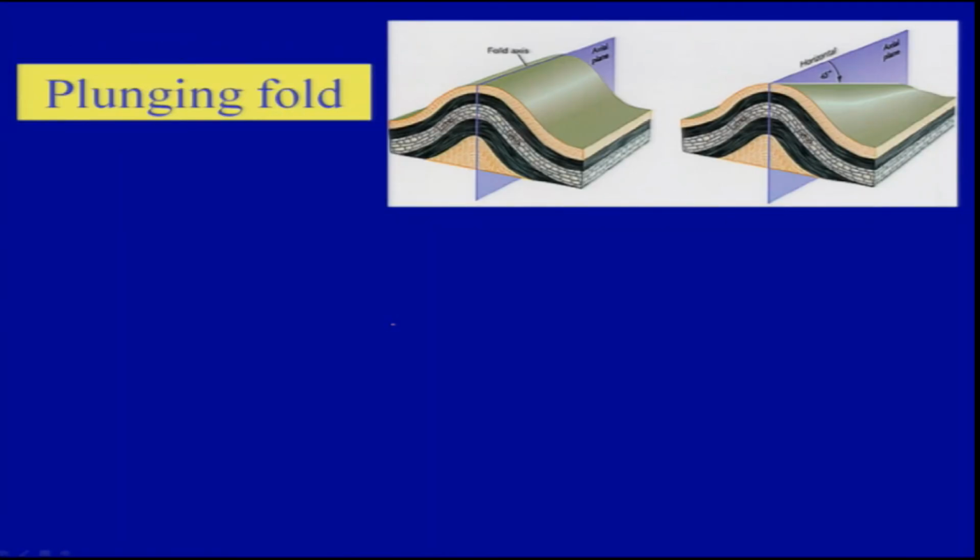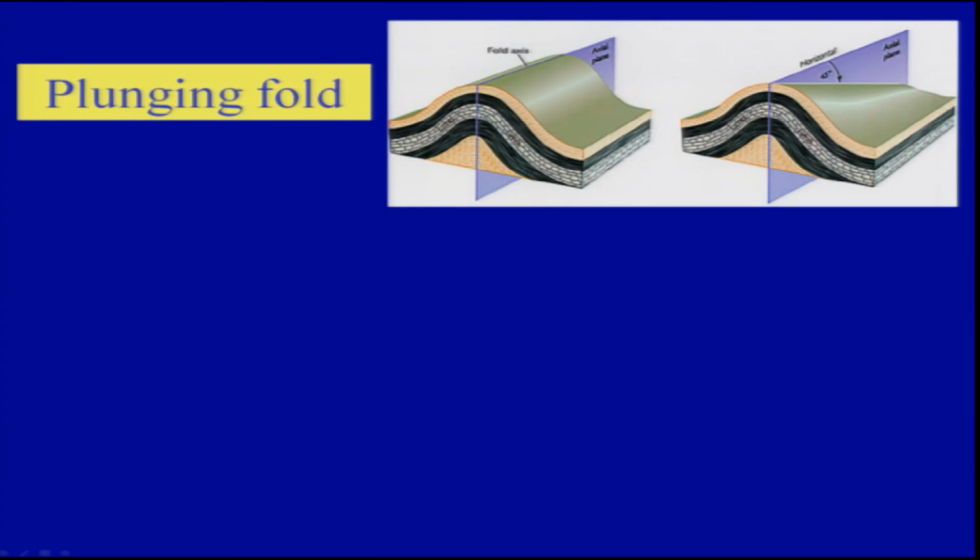Then we talk about the plunging fold. Here the importance of the axial plane comes in. In a plunging fold, look at the fold axis. Here the fold axis has some attitude, whereas in this one the fold axis is almost horizontal, very much along the axial plane.